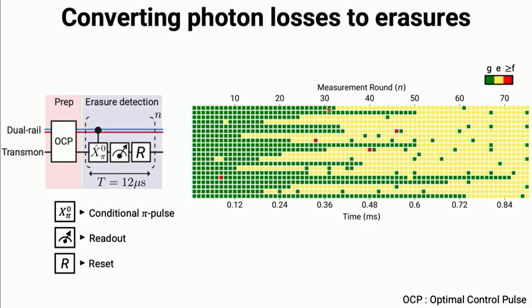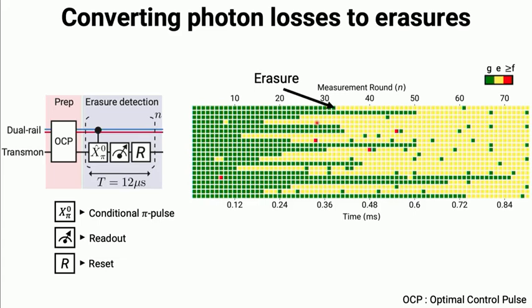But at measurement round 32, right about here, the transmon state changes from G to E, and there, what we deduce is that a photon loss occurred, and the transmon frequency shifted back to its bare frequency, and we flag that as an erasure.